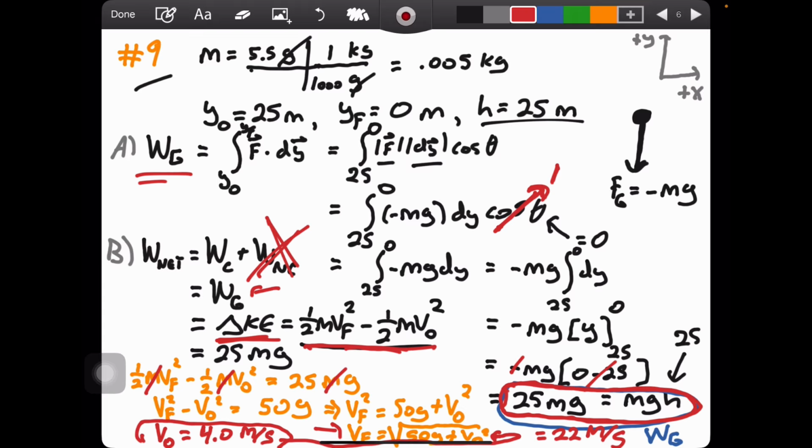And as I said, regardless of what the initial velocity is, this is a general expression where you could just plug in what that initial velocity is, square it, and then in this particular case, you would add 50g and then take the square root. So that is how you solve problem number 9 in problem set number 5.